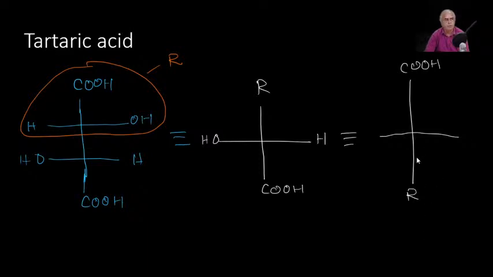Now you can write H and OH. As I already told you, the OH, that is the heteroatom, should be written on the right side. So when the heteroatom is on the right side, it represents the D configuration. Do you understand now? So this is the D configuration.